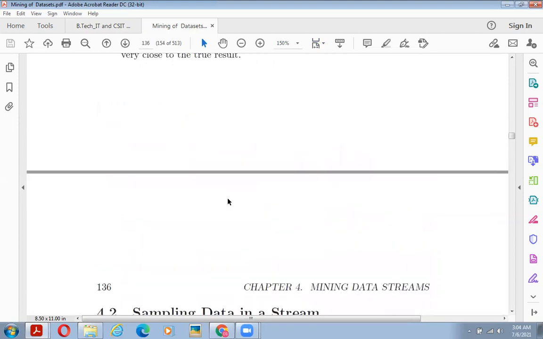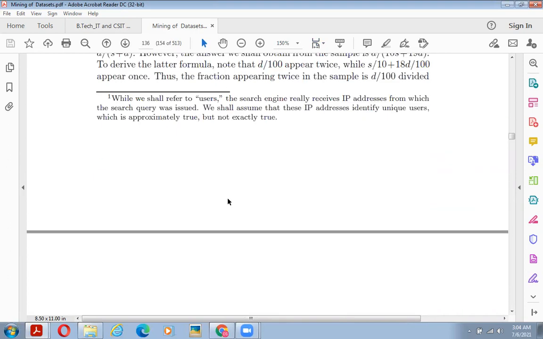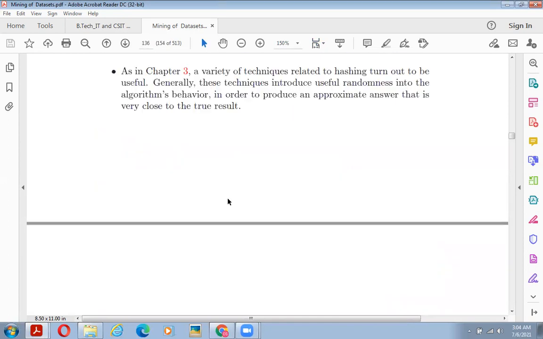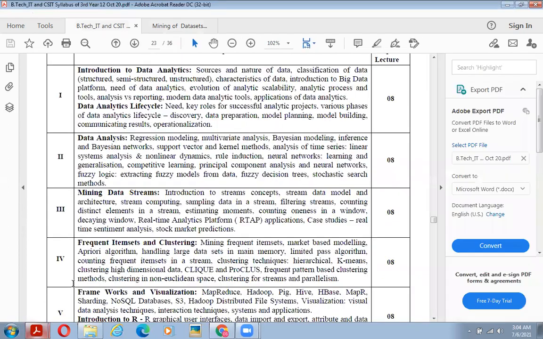Now, the next and most important thing is how we sample data in a data stream, which helps us in stream computation.